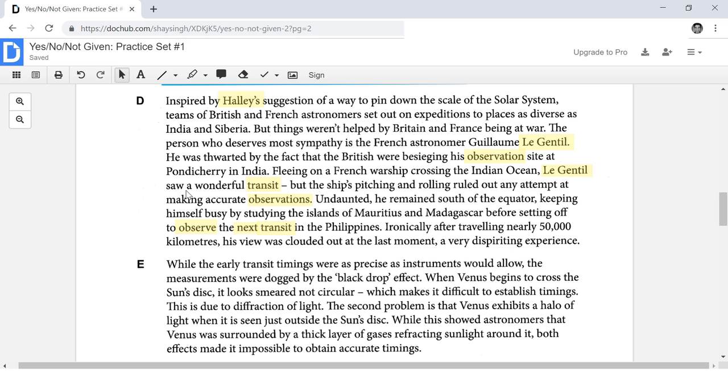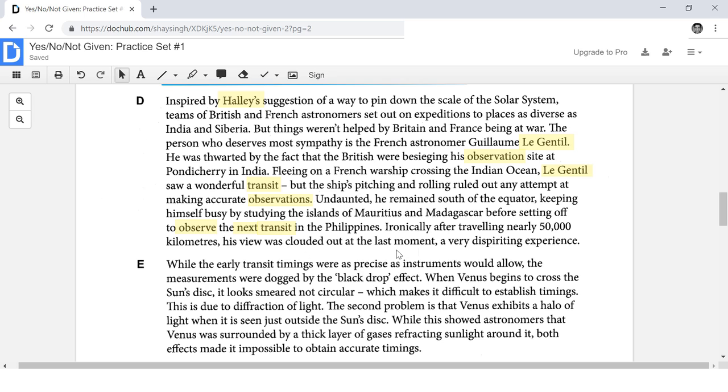So now it's talking about the next transit, or perhaps the second transit. So I have a feeling that we might find our answer somewhere around here, so I want to keep reading on. Ironically, after traveling nearly 50,000 kilometers, his view was clouded at the last moment, a very dispiriting experience.